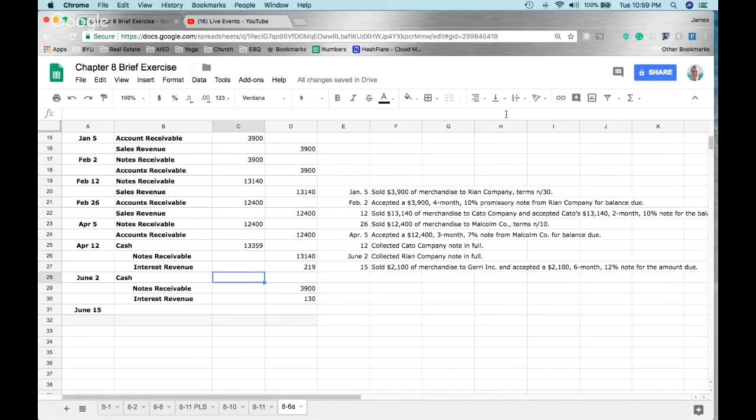So total cash is notes receivable plus interest, $4,030. All right, so last but not least.